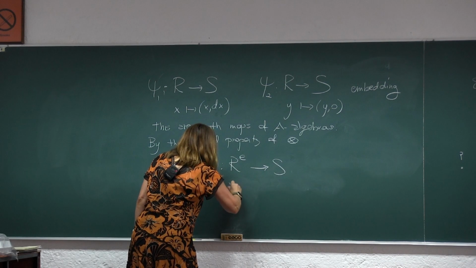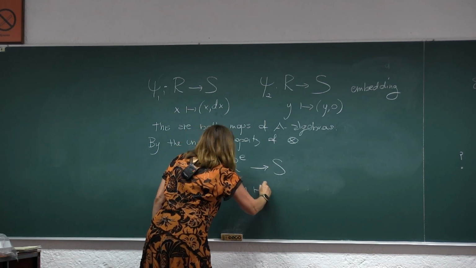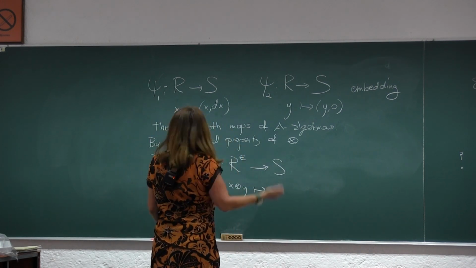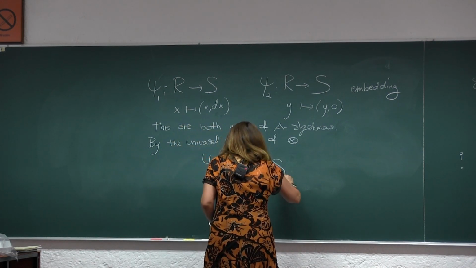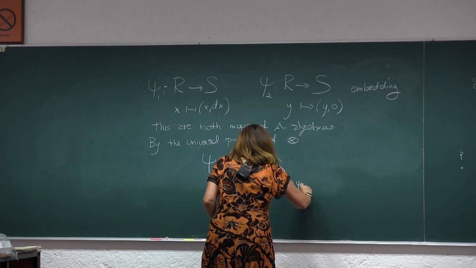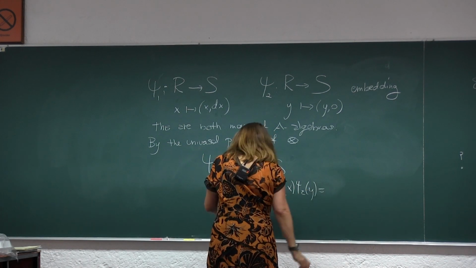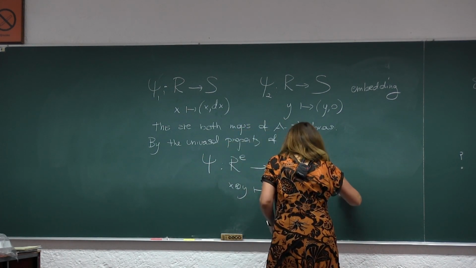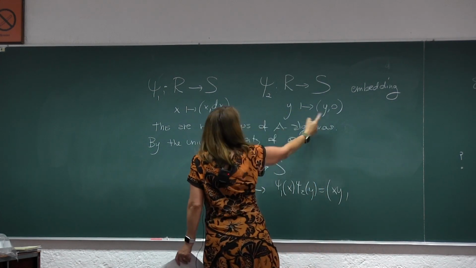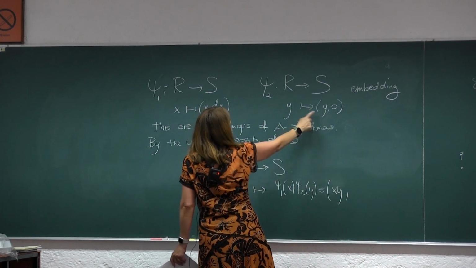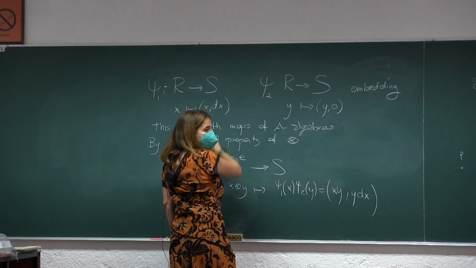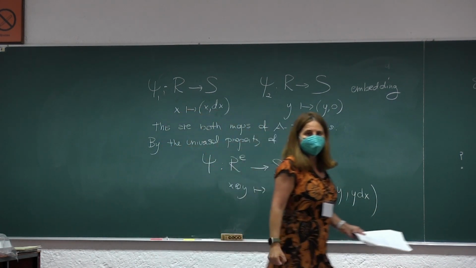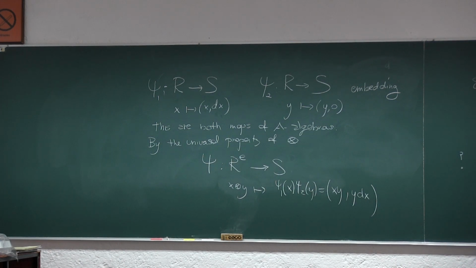This element has to go to phi1 of x times phi2 of y. And that's simply xy, because remember how I multiply these two elements, and then you have y dx, because here you have a 0 times x. Clear? You just use the multiplication that I defined before.